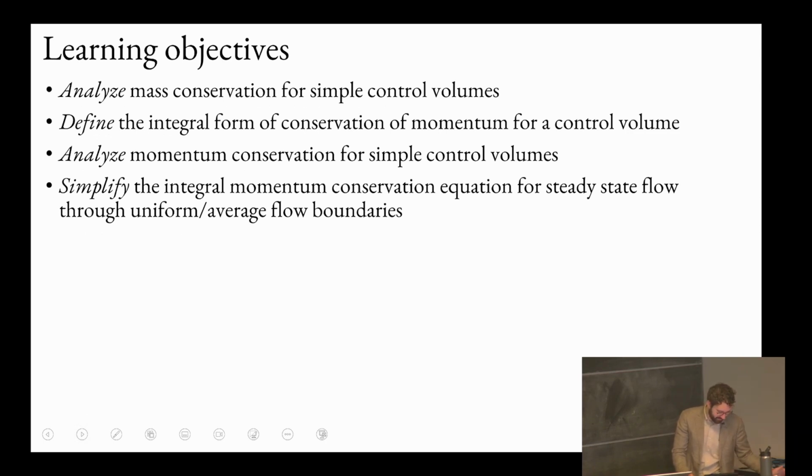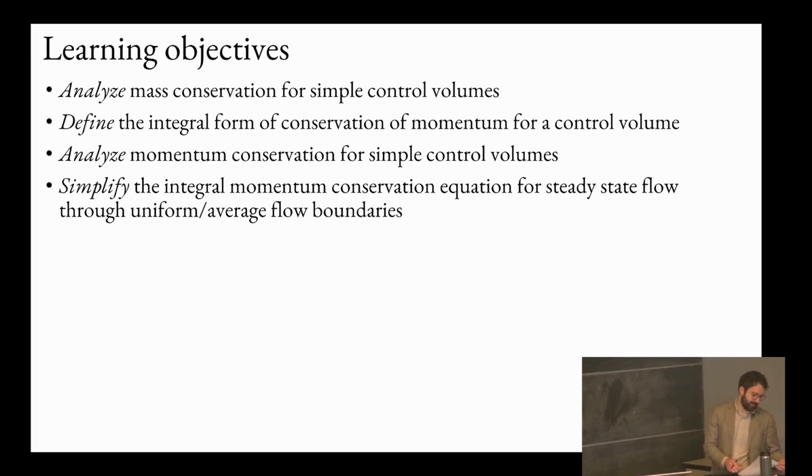We're going to analyze mass conservation for a simple control volume in the first example. Then I'm going to give you the integral form of conservation of momentum. We won't derive this until the next part of this module where we talk about Reynolds transport theorem, but I'll give it to you today, and then we're going to do some examples of momentum conservation for simple control volumes.